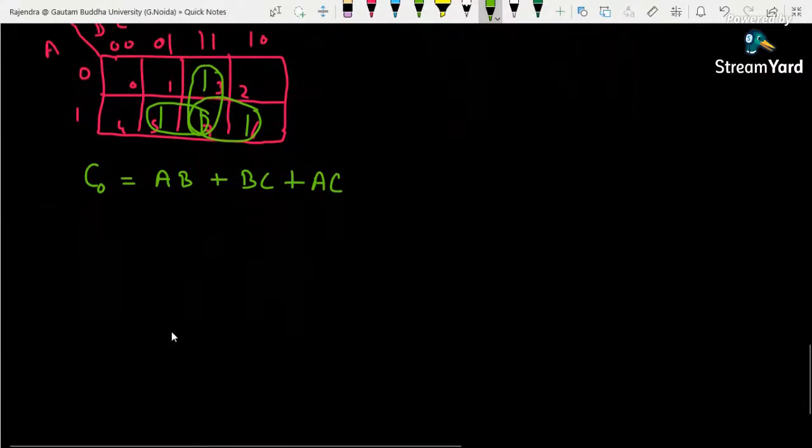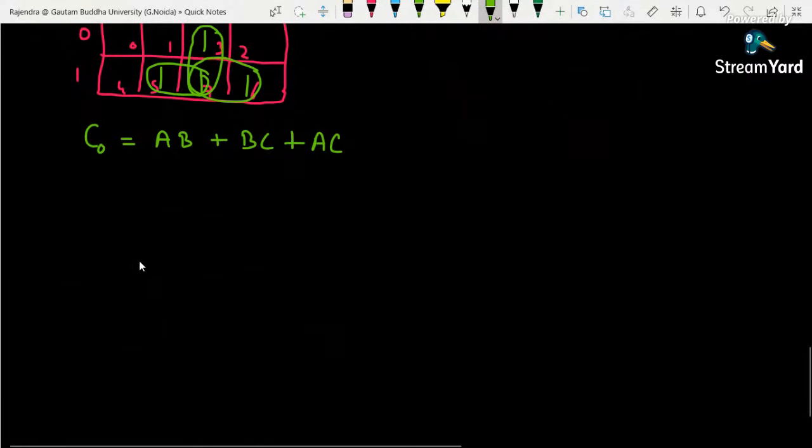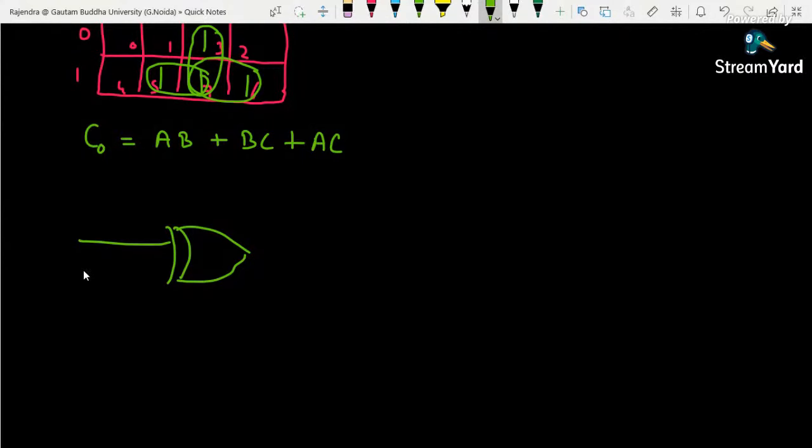Now the logic diagram of this one, see. I will make the circuit diagram with the help of two input XOR gates, AND gates and OR gate. So see here, this is A. This is the first stage of the full adder circuitry, and this circuitry looks like a half adder circuit.